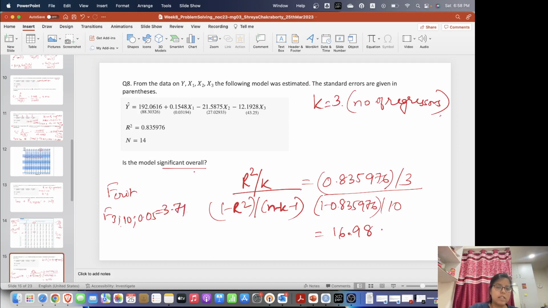So is the overall model significant? What should we conclude?